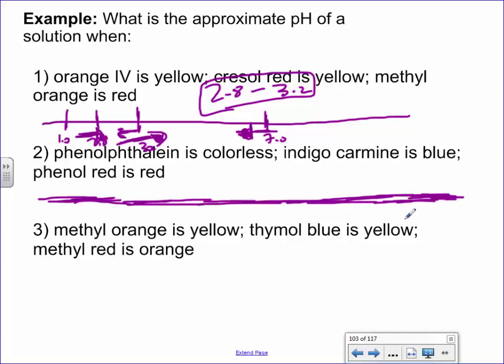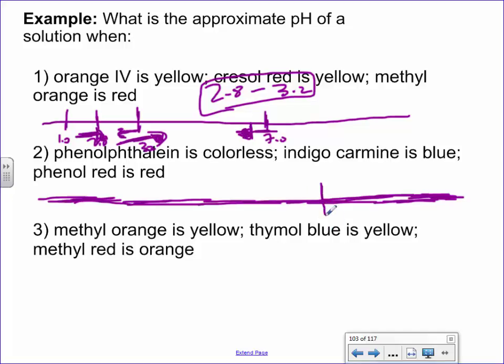Okay, so let me try another one here. It says phenolphthalein is colorless. If you can find phenolphthalein, it is the fifth one from the bottom. It says it's from 8.2 to 10, and so the colorless section is below 8.2. Can everybody find that information on their data sheet? If phenolphthalein is colorless, this means it's less than 8.2.